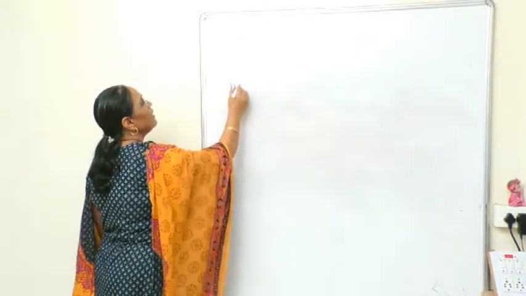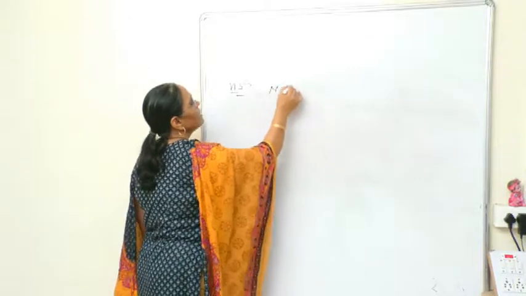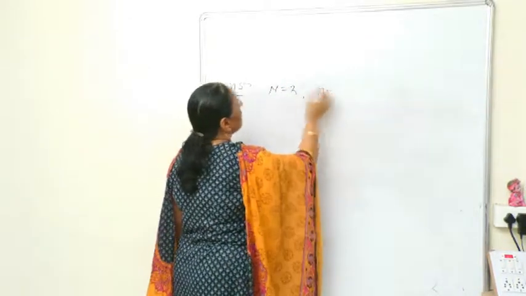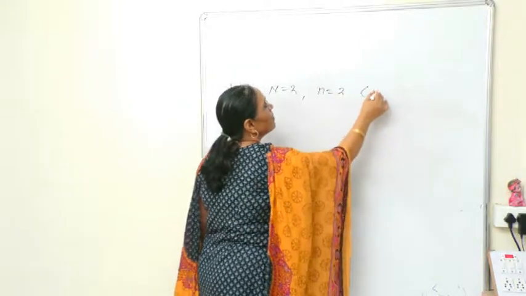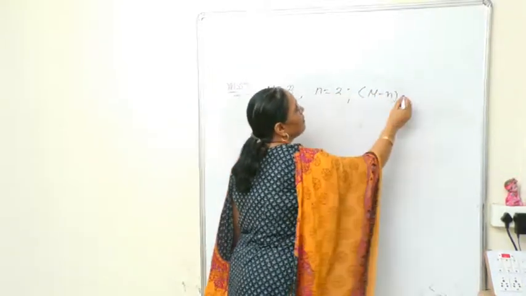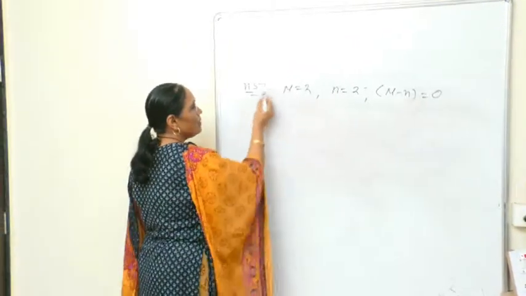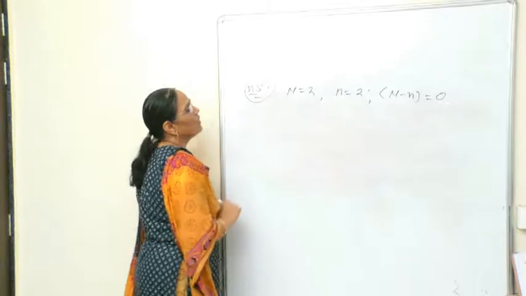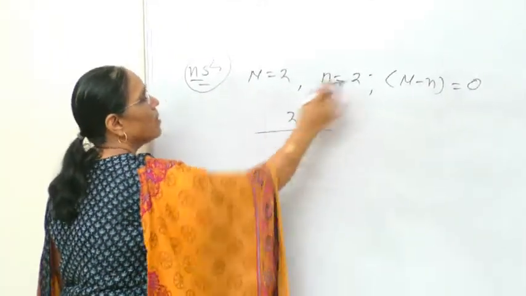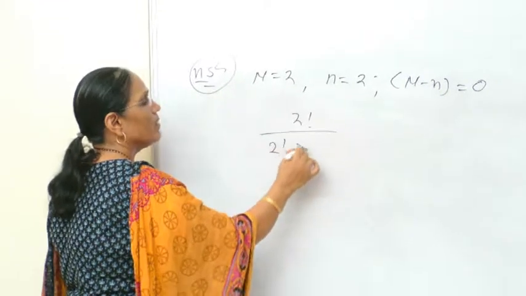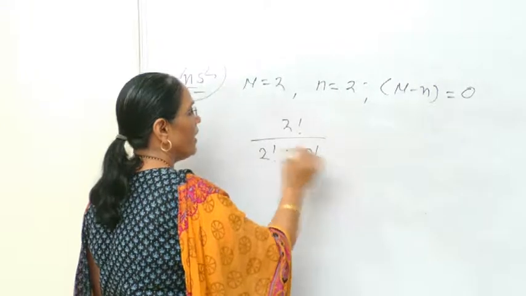Now see, ns2. For ns2, you know, for s orbital, N is equal to 2, small n is equal to 2, therefore N minus n will be 0. So the total number of microstates for ns2 configuration is N factorial, that is 2 factorial, by small n factorial, 2 factorial, into N minus n, that is 0 factorial.